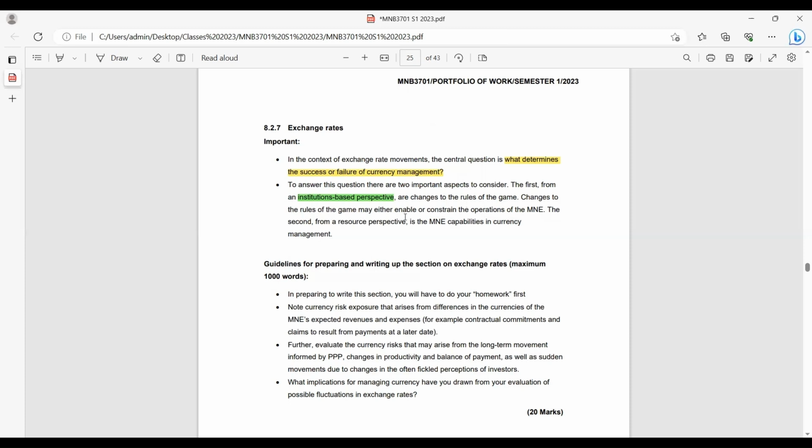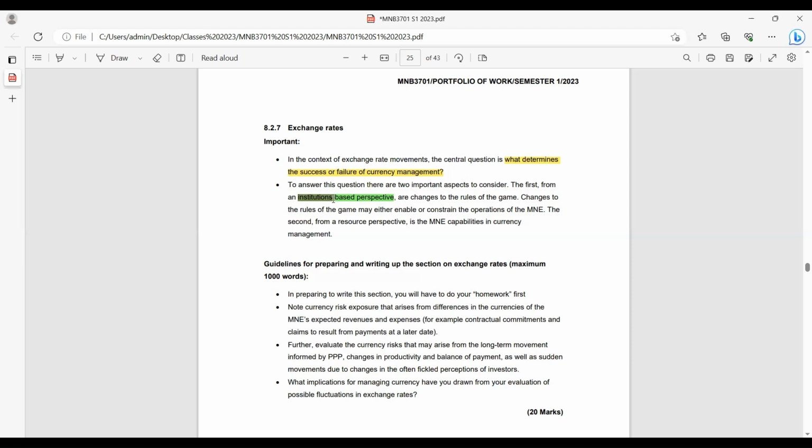We are saying institutions, as we know, are the rules of the game. The moment you hear the word institutions in our module, know that we are talking about political institutions, economic institutions, and also legal institutions.